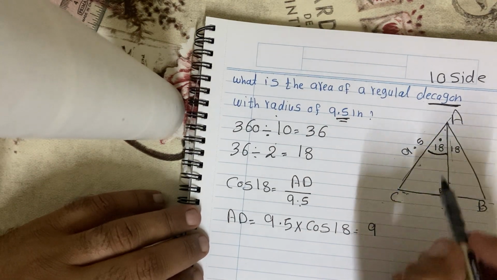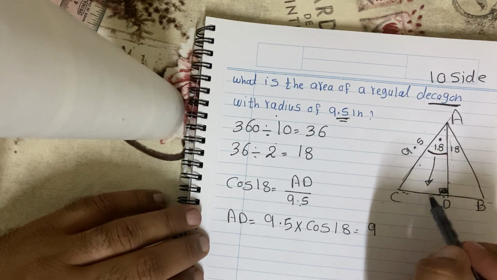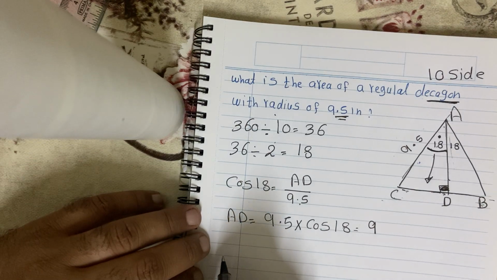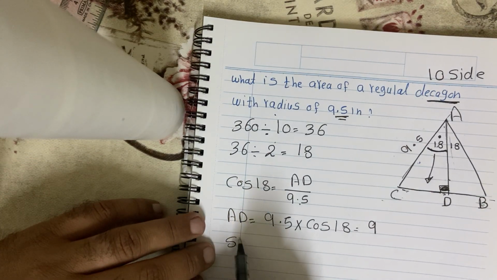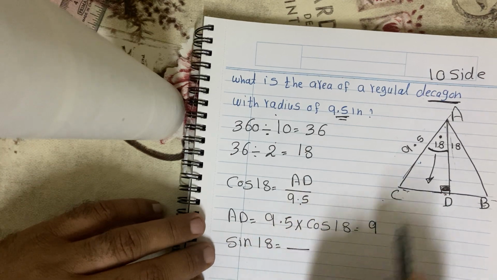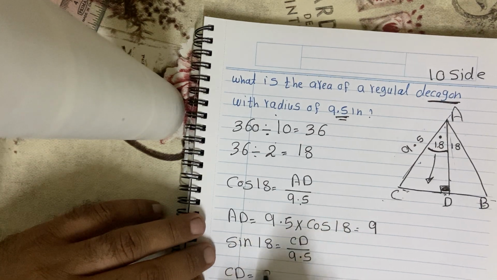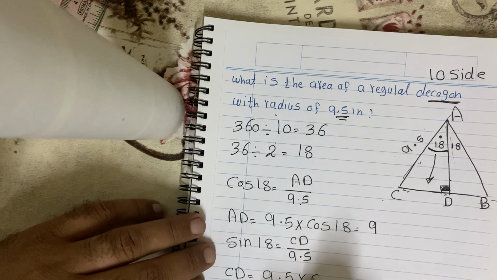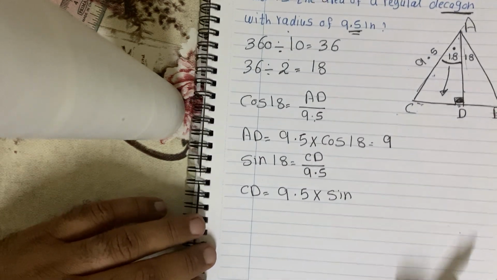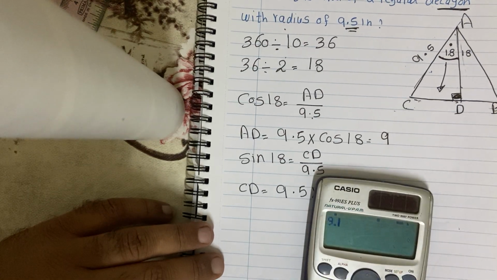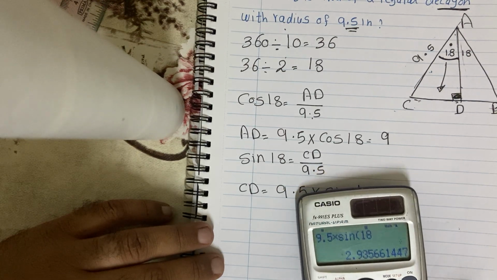How can we find this side? This side is opposite to angle 18, and I also have the hypotenuse, so I will use sine. Sine 18 equals opposite, which is CD, over hypotenuse 9.5. So CD equals 9.5 times sine 18, which is approximately 2.9.